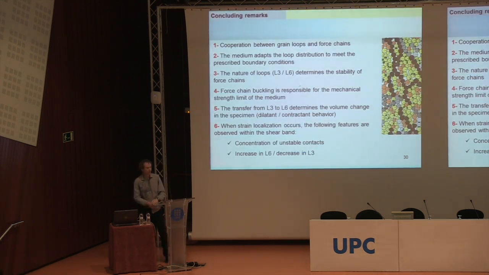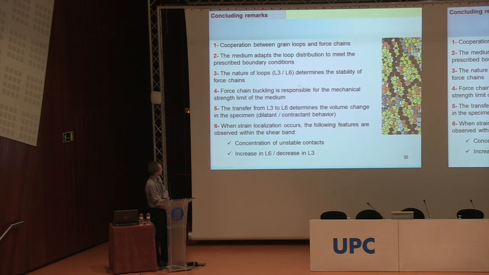Okay, now I can conclude my presentation by coming back to the main result. So we have characterized the evolution of the mesostructure within the specimen by comparing the ratio of L3 and L6. We have correlated this evolution with the 4-chain buckling responsible for the mechanical strength of the medium.